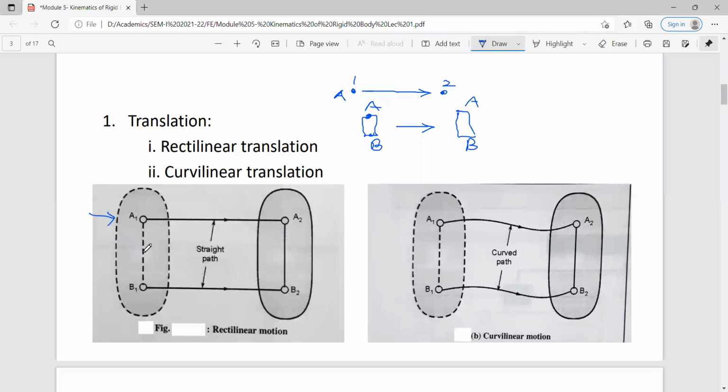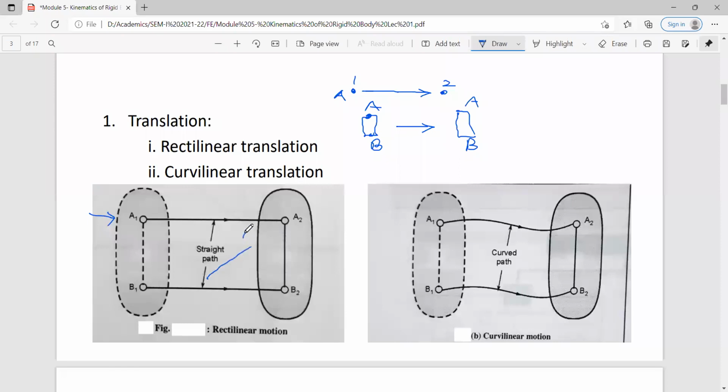Now, when this body moves to a new position, in the new position also, the line between point A and point B is vertical only. This line is not tilted like this.